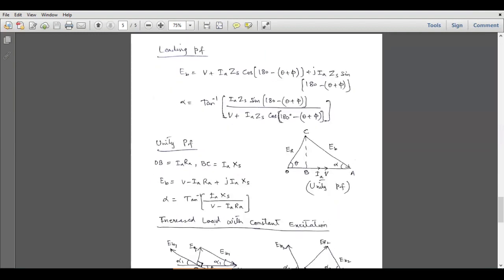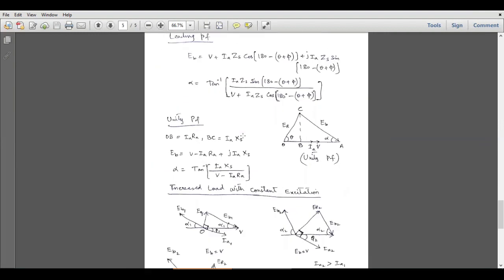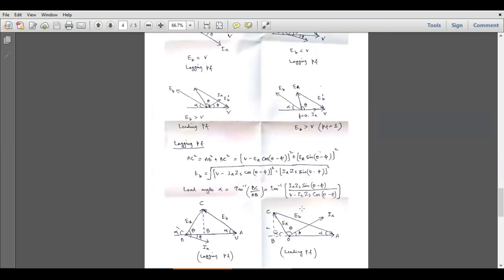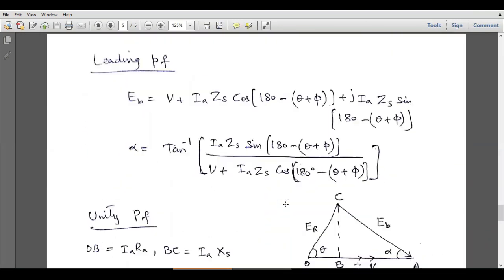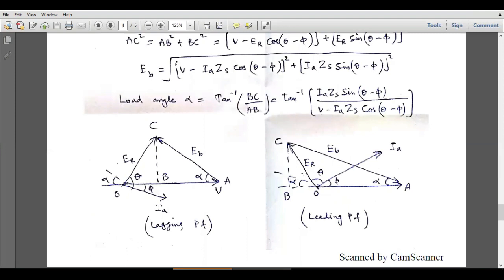Now for the case of a leading power factor, if we have a leading power factor scenario, then we will get this phasor diagram, and this phasor diagram corresponds to the leading power factor case.